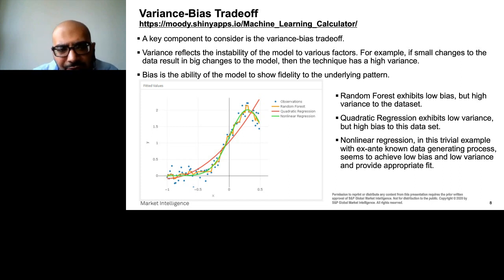Whereas the random forest technique, which is a typical machine learning technique, evidenced by the orange line, is low bias, so it can adapt to the fidelity of the data. However, it is sensitive to reflections of the underlying perturbations of the data generation process, right? So it can really twist a lot more compared to the high bias models, depending on the data you're actually getting. So you have to really consider those trade-offs.